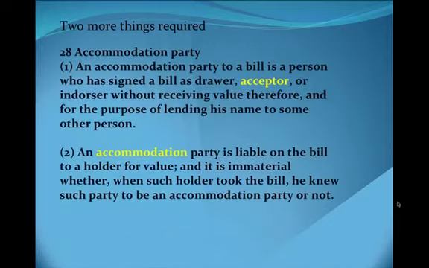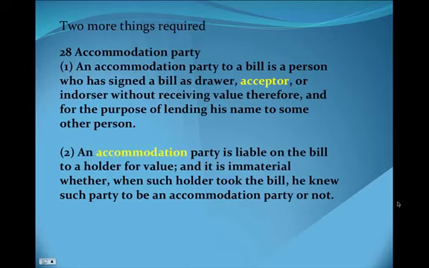So now we've just got 2 more things to check up before we finish this. An accommodation party to a bill is a person who has signed a bill as drawer, acceptor, that's us, or endorser without receiving value therefor, and for the purpose of lending his name to some other person. We already know who that other person is.